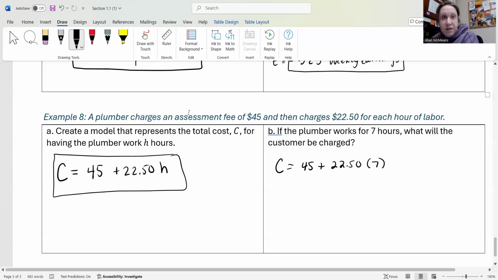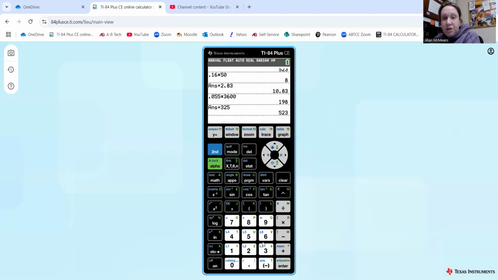So let's scoot over to the calculator. So we're going to be charged $22.50 for each of the 7 hours, so times 7. So we're going to get charged $157.50 just for labor. And then in addition to that, we're going to get charged $45. So total, we're going to get charged $202.50.